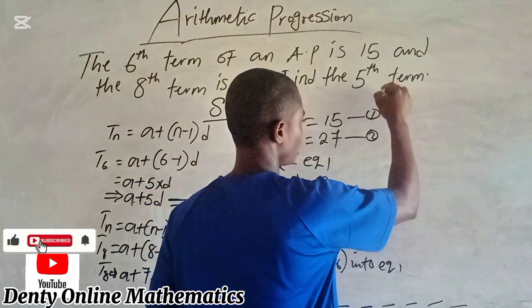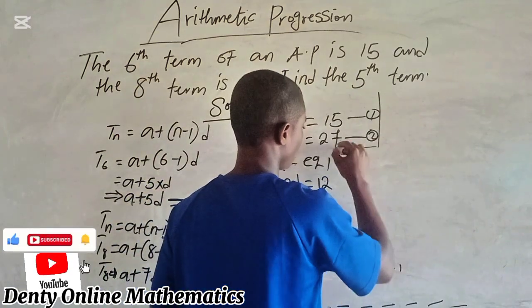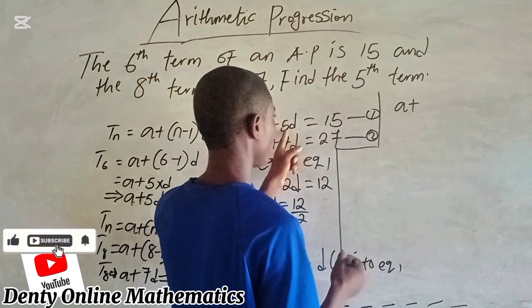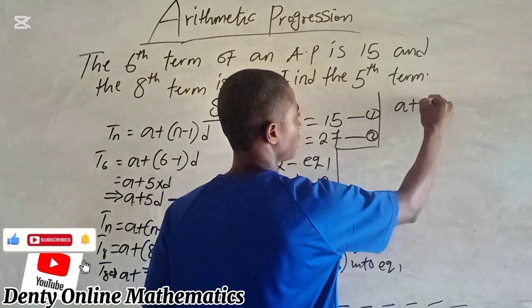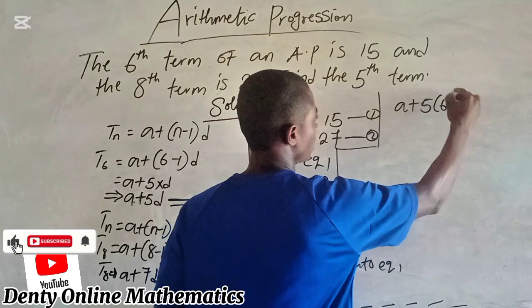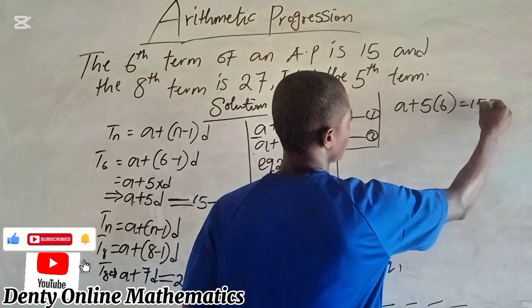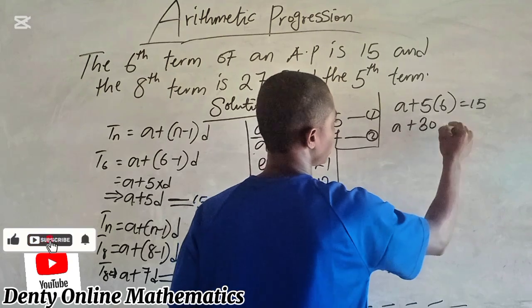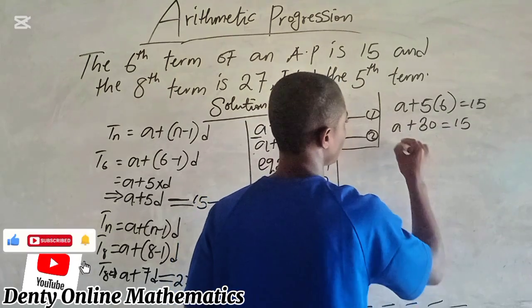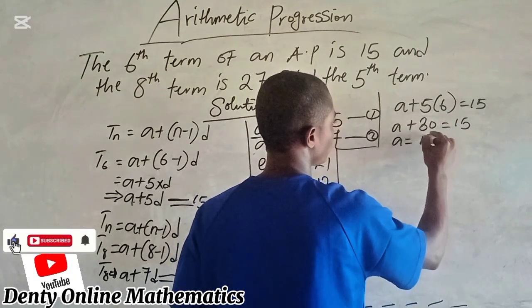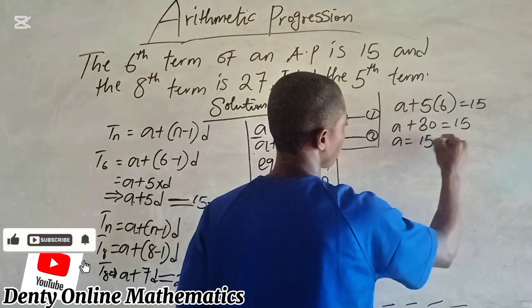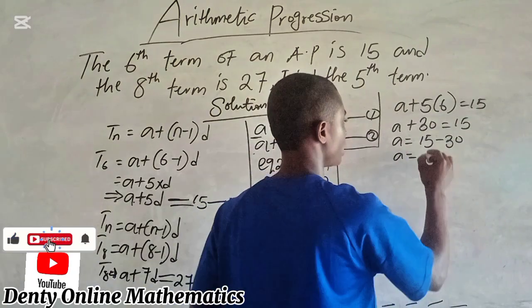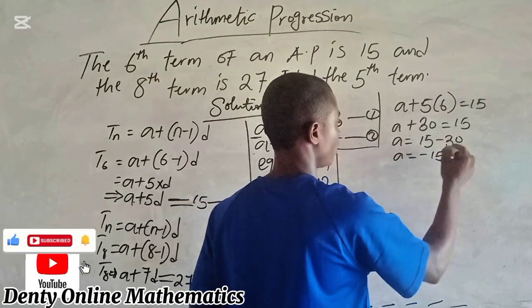So that will give me a plus 5 times 6, which is 30, equal to 15. a will be equal to 15, and 30 will cross over as minus 30. So a will be equal to 15 minus 30, which is minus 15.